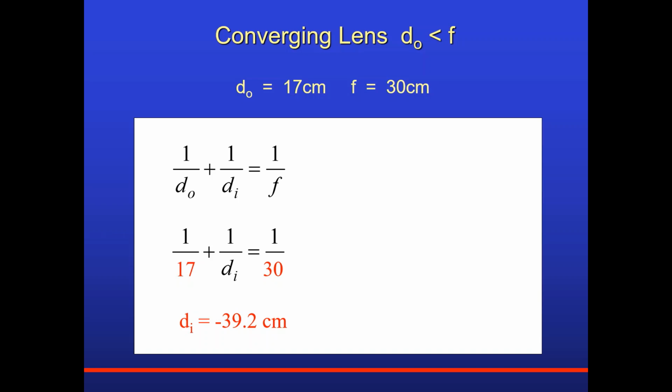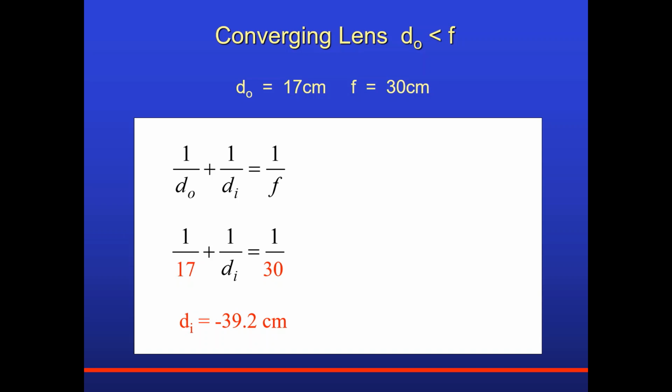That means the image is before the lens. The rays are going through the lens. Therefore, if the image is before the lens, it's a virtual image, where the rays appear to diverge from.